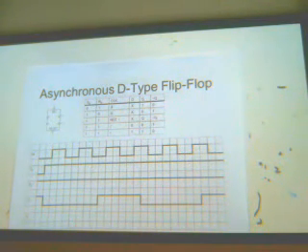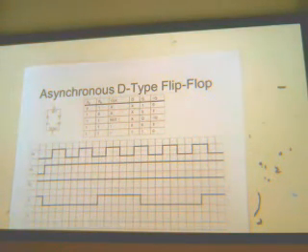Do we have any idea what the state is? We don't, because the clock is not going to allow us to make a change. See here, the clock is low, and until we get to the leading edge, we're not going to make it. It's like the enable, except it's a clock that enables us every time we get to that leading edge. So here we don't know what the output state is. It's something, but we just don't know what it is.